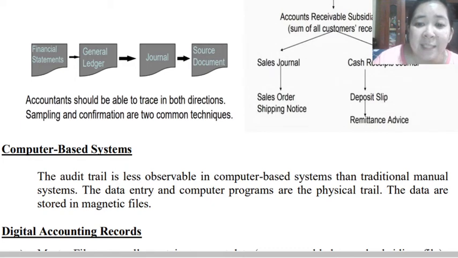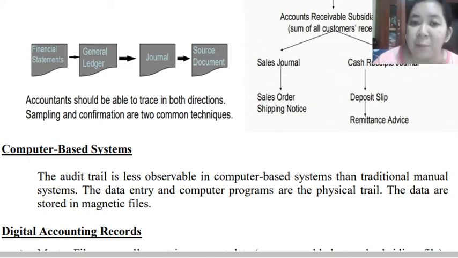For the computer-based system, the audit trail is less observable because in computer-based systems, there is less paper or documents. Even the source documents sometimes are not included in the transaction. So that's why the audit trail is less observable, and sometimes there is no audit trail at all. Unlike with the traditional manual system, you could see the entity is utilizing the source documents, the papers, the journal, the ledgers.